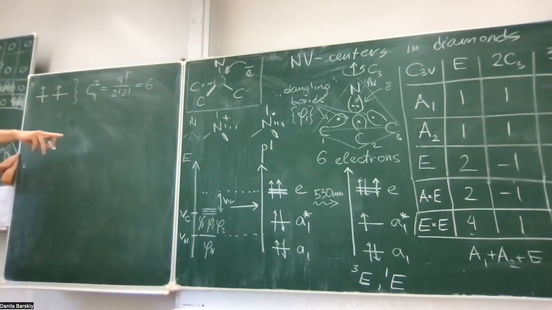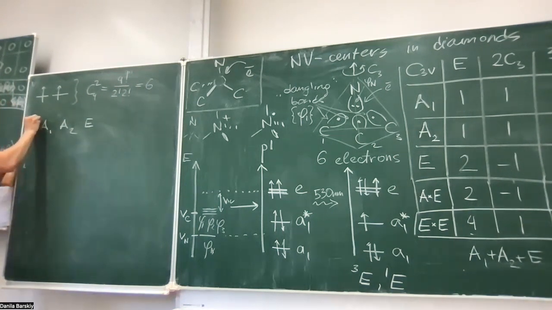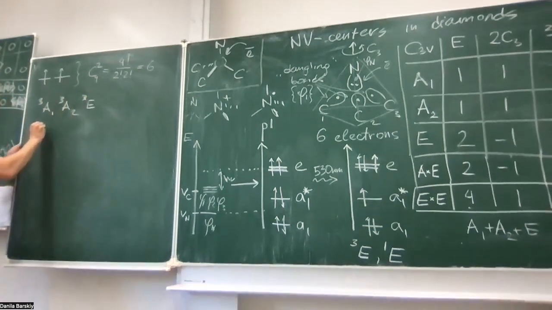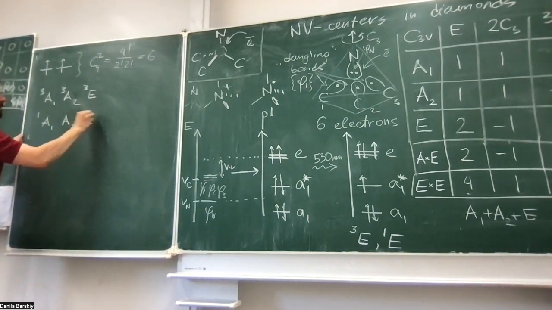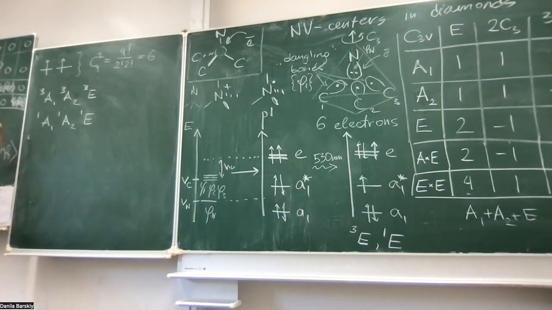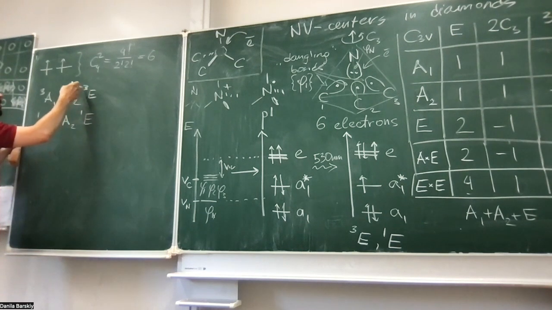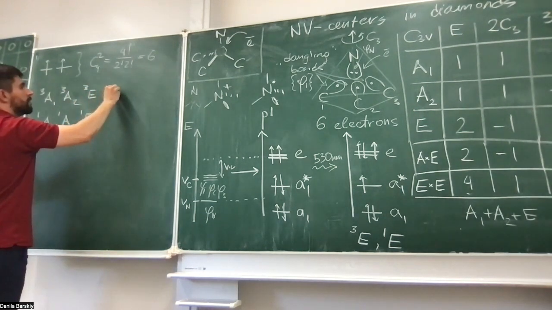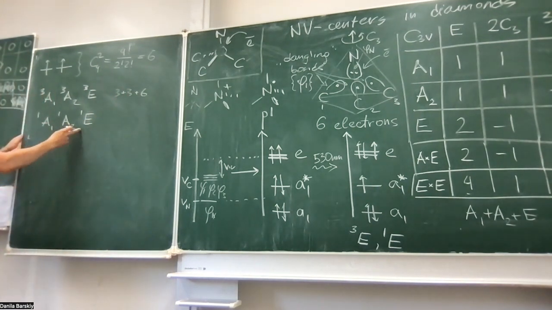But if we use the same simple principle here, we say, okay, we have A1, A2, E, there must be triplet states, and there also must be singlet states. We probably overcount, which means we have 3 plus 3 plus 3 times 2, 6, plus 1 plus 1 plus 2.